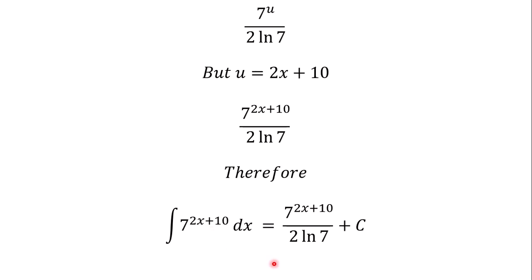If I do so and I get this one, it means the answer to this integration question is correct. So in my next video, I'm going to differentiate this to find out if we will be able to get this one.